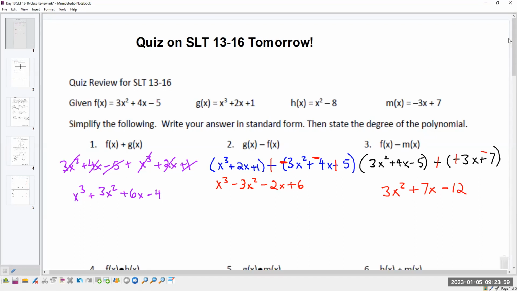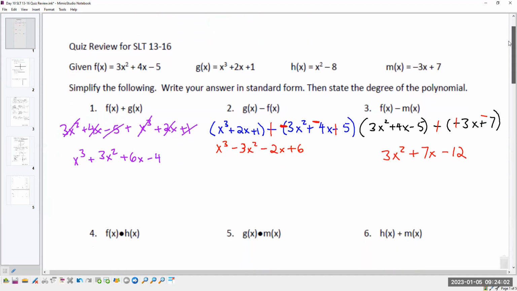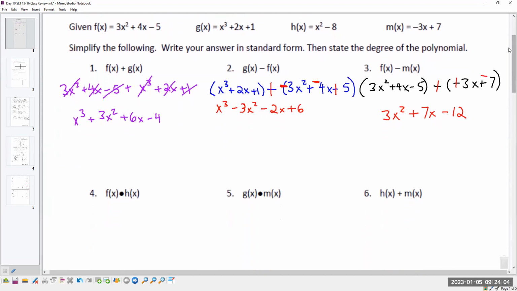The next set of problems asks me to multiply. So I'm going to write it all out so I can scroll down. I've got f of x times h of x.